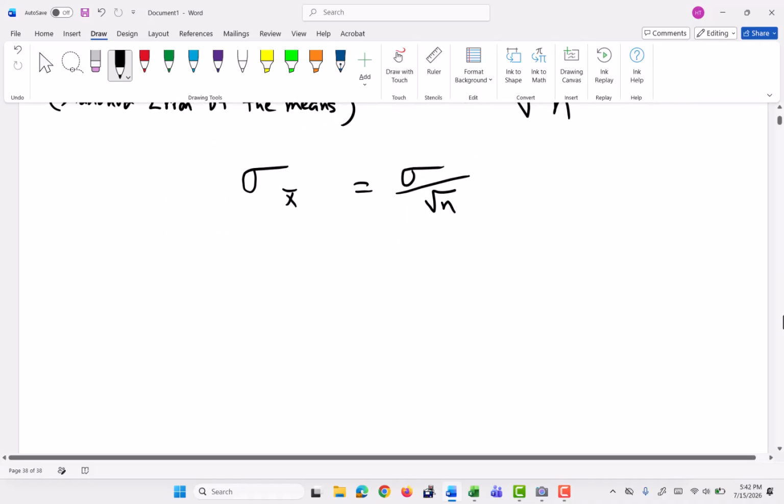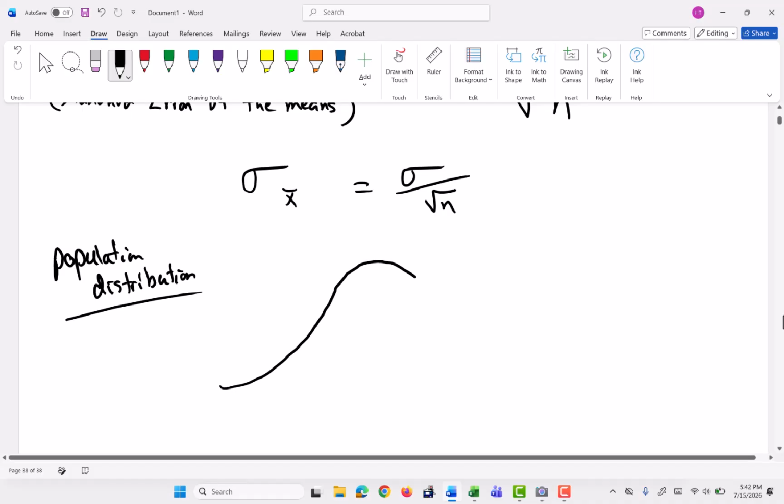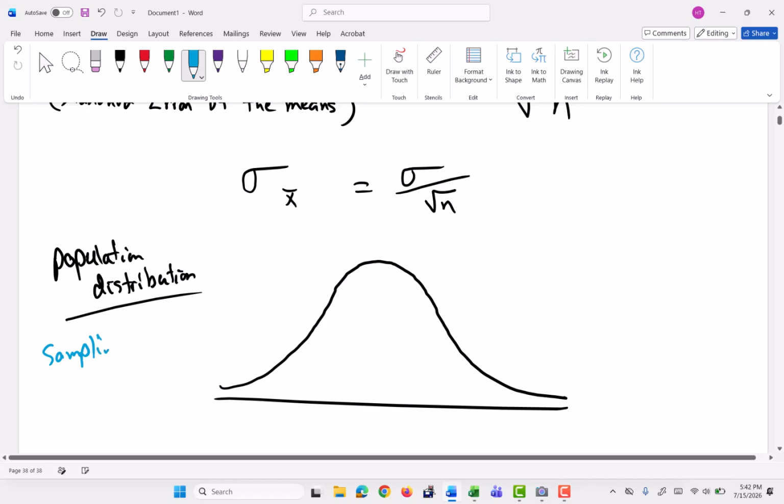Well, it means if the population distribution looks like this, a bell curve, then the sampling distribution will have the same mean, same center.